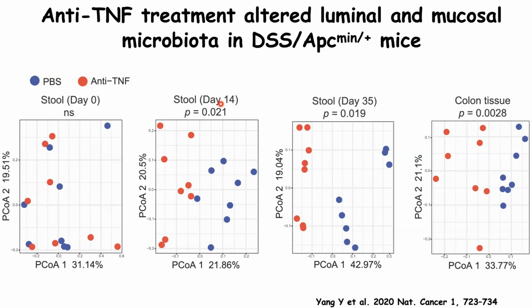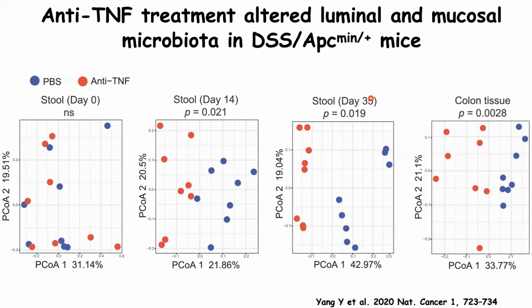At day 14, this is when mice have received 3 doses. They're already at the 3rd dose of anti-TNF. Every dot is the microbiome of a single mouse, and the blue is non-treated. You can see that the microbiome of the TNF-treated cohort is quite different from the one that is not treated.